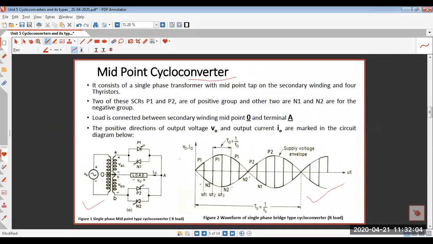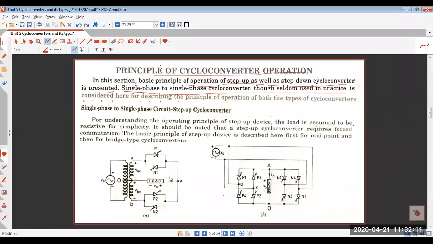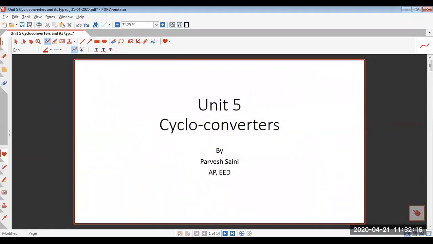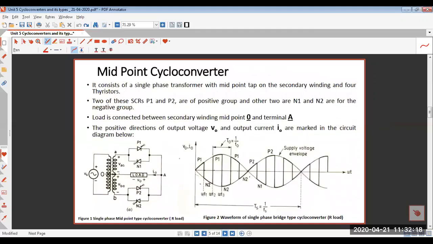Just analyze the functioning, and if you are well aware about the forward and reverse biased conduction modes of an SCR, when an SCR is forward biased and when an SCR is reverse biased, it is very easy to understand the working of this type of power electronic circuit.